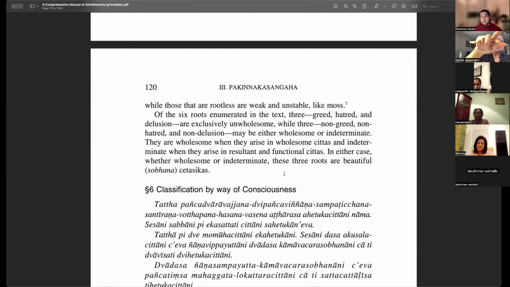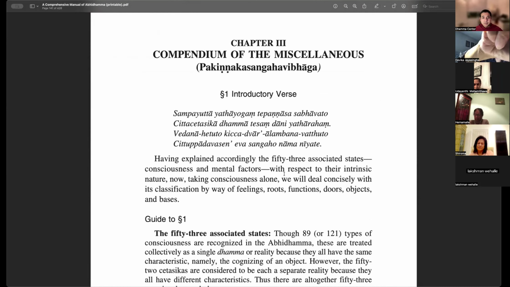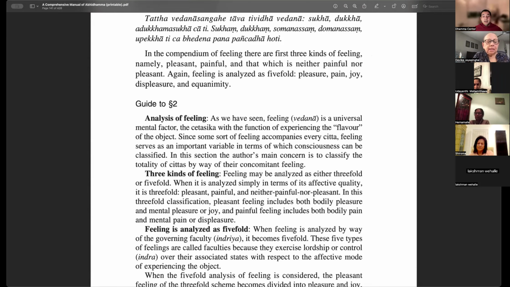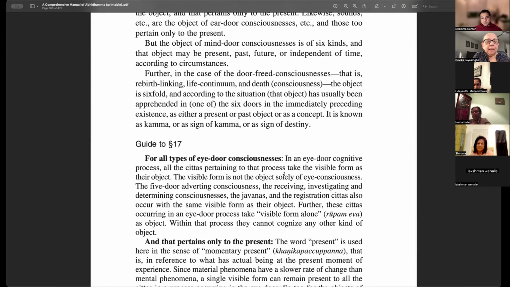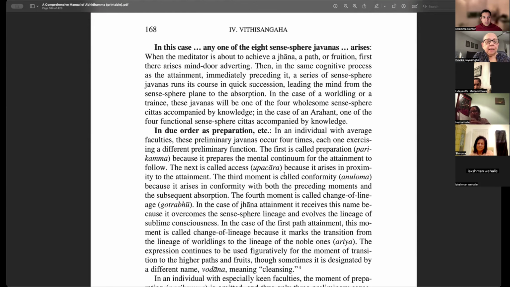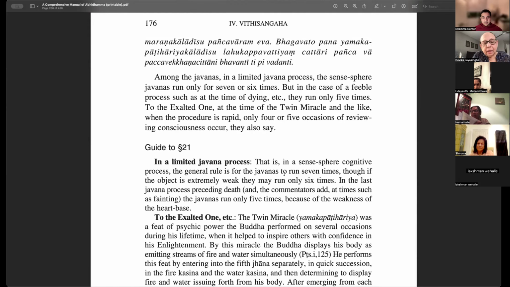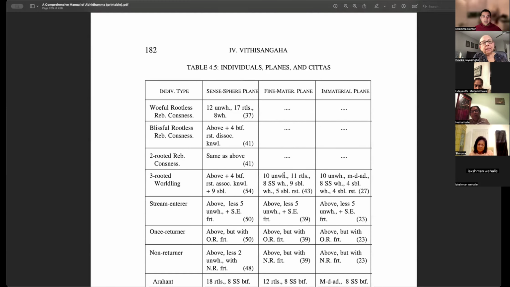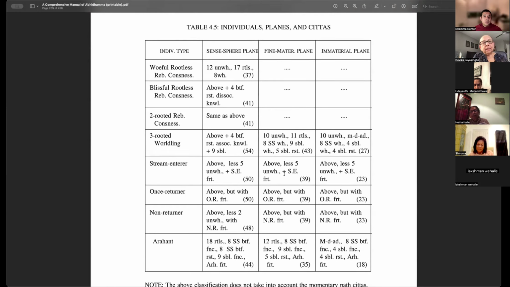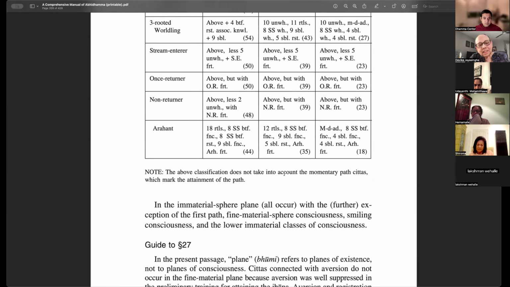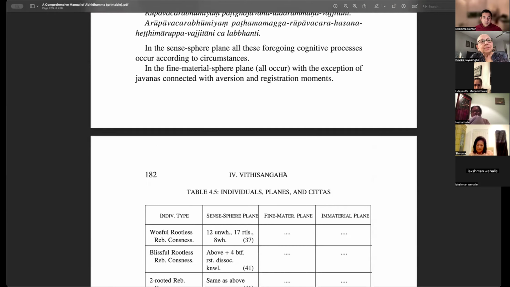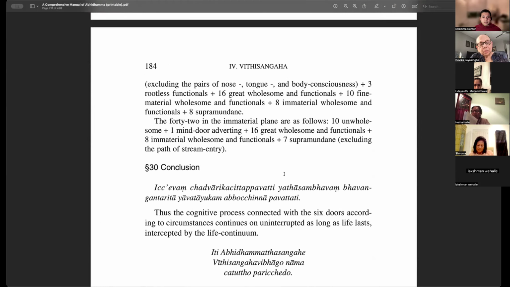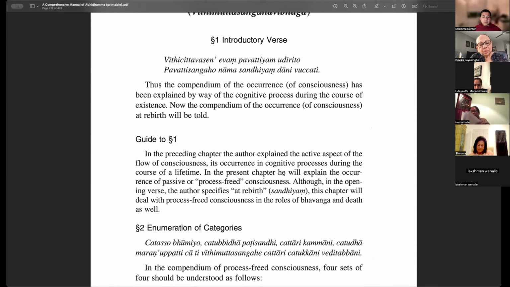Anyways, that's fine. I'll look for it later. Check page 182. Table 4.5. Patisandhi Chitta. Is that the one, Bhante? Oh no. Your 182.